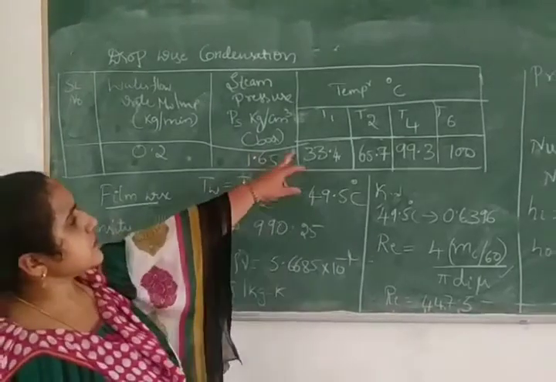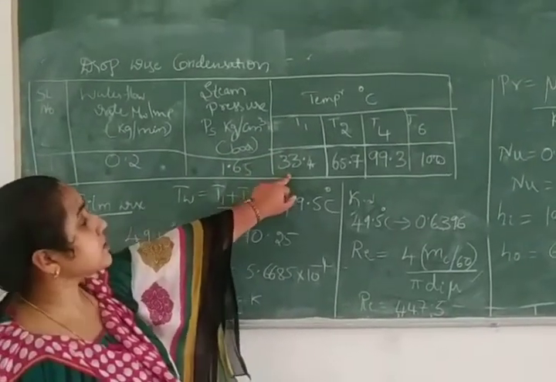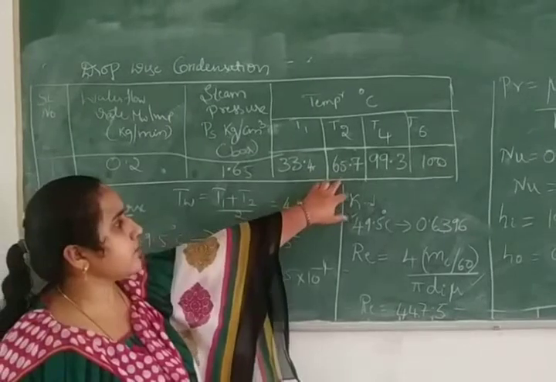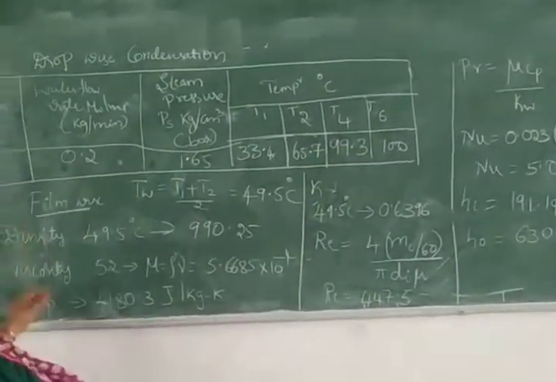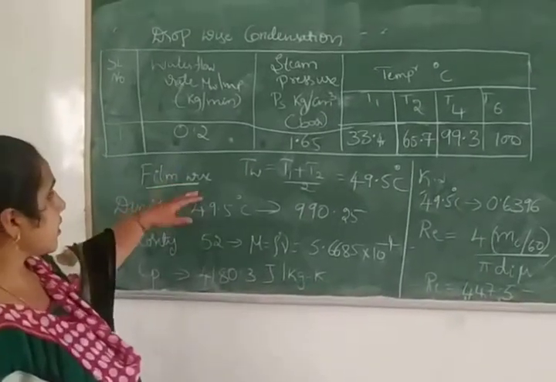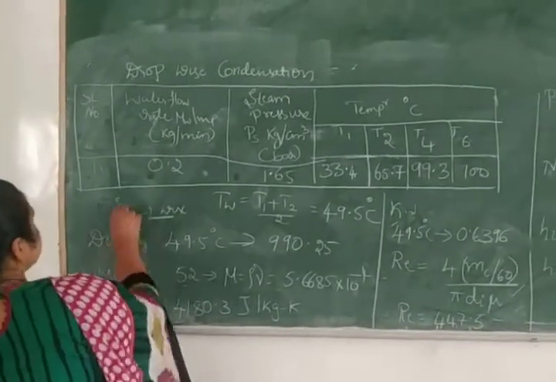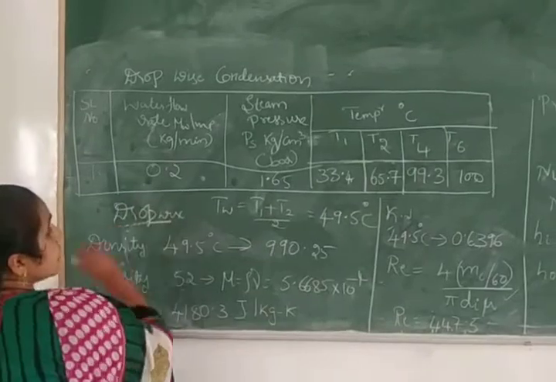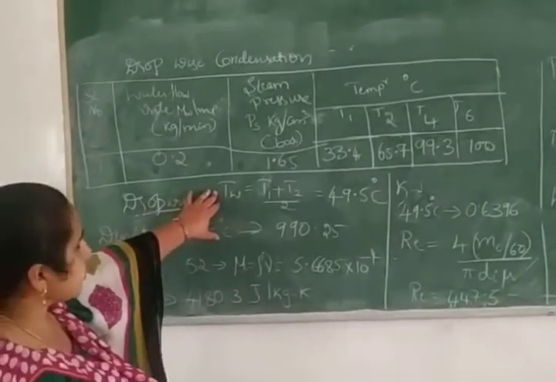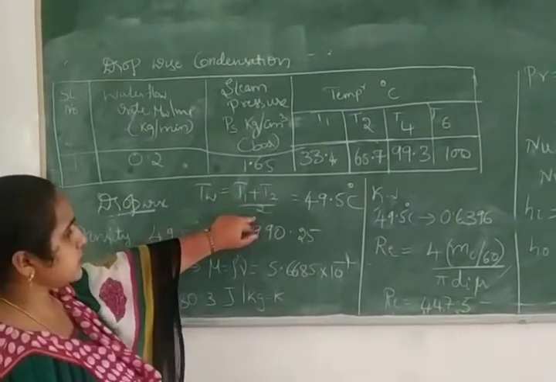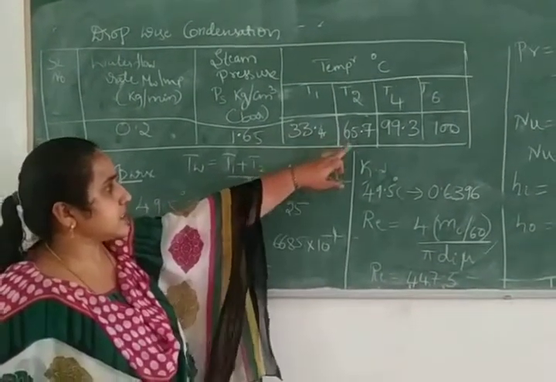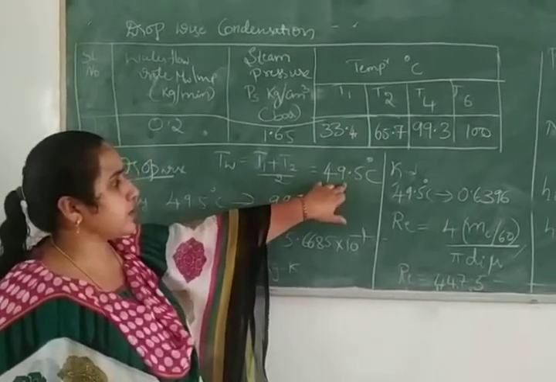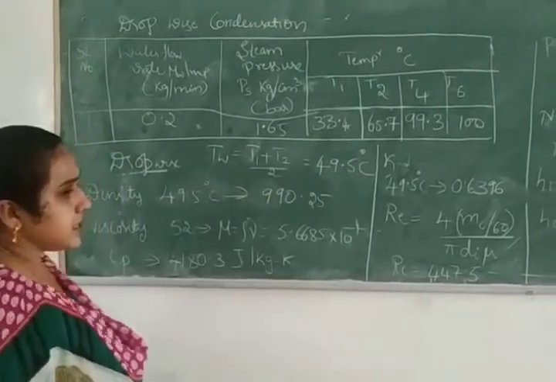Then the temperatures, as we have recorded: T1 is 33.4, T2 is 65.7, T4 is 99.3, T6 is 100. For dropwise, the average temperature we have to consider is (T1 plus T2) by 2. If I add 33.4 plus 65.7 by 2, it gives me 49.5 degrees Celsius.